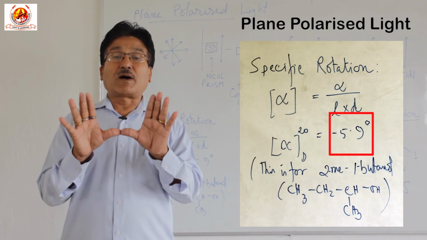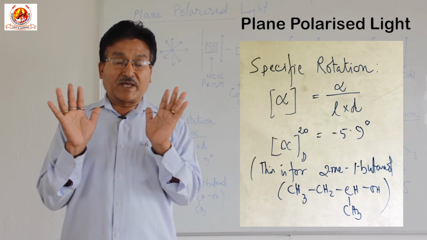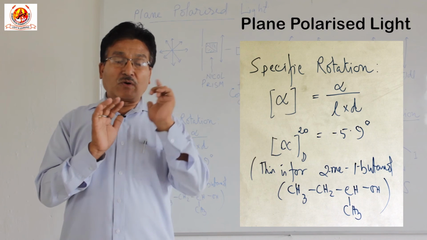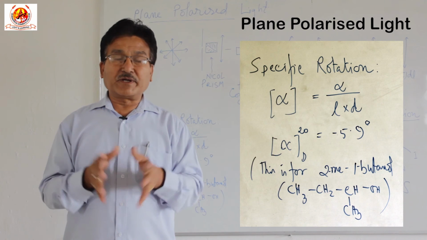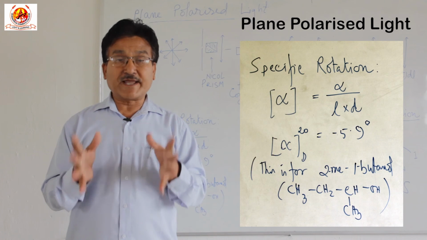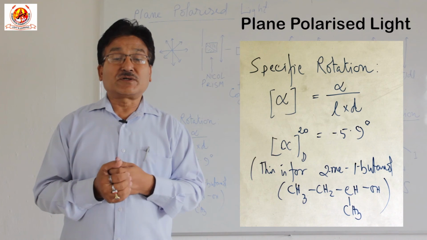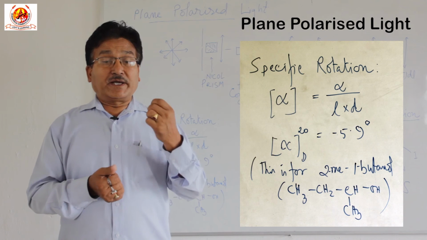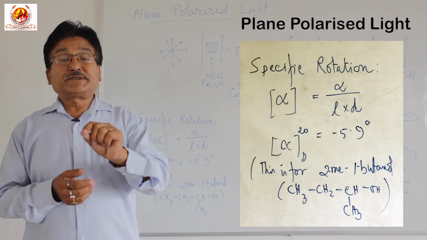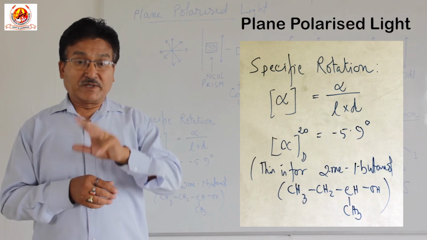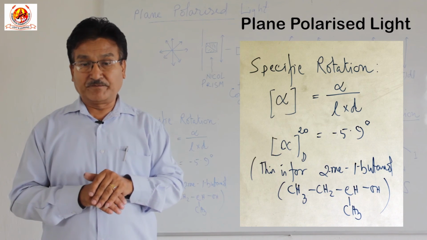Enantiomers are compounds having different properties, different only in this optical activity. Otherwise, all the physical and chemical properties of the enantiomers are the same, except the degree of rotation. So they are called enantiomers. Specific rotation is the property of the compound only. The specific rotations are all different here.